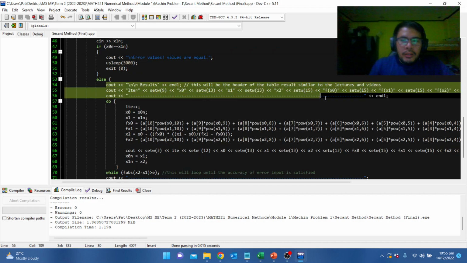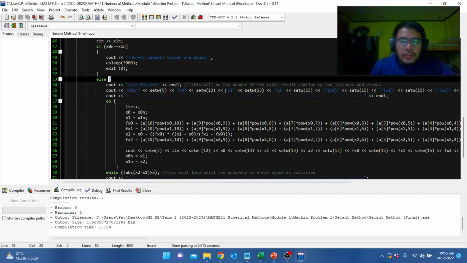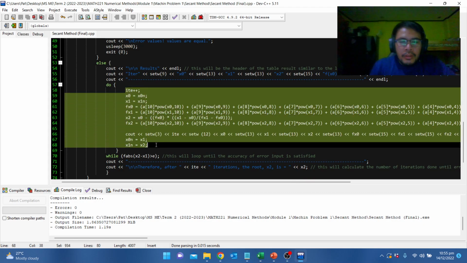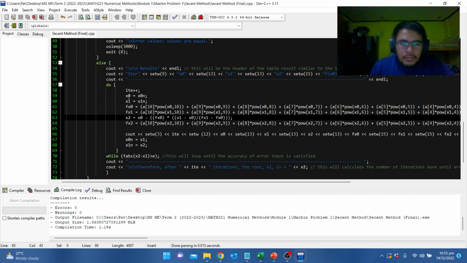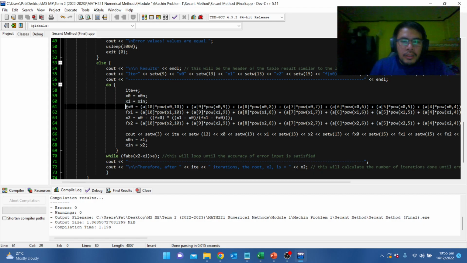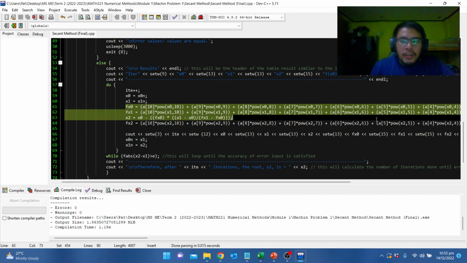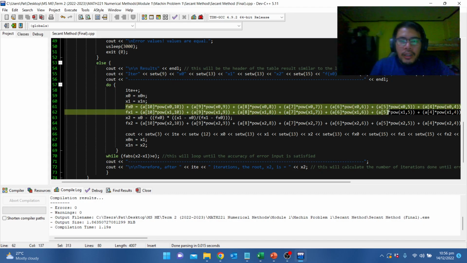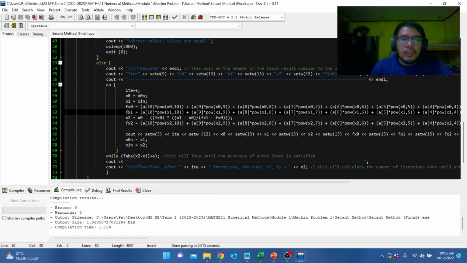So this is the header of the table result, which is similar to the lectures and videos that we studied. And this is the loop. So x of 0 will be equal to the first x sub 0. Same here. And this is the function, the formula in arriving with the f(x sub 0) and f(x sub 1).